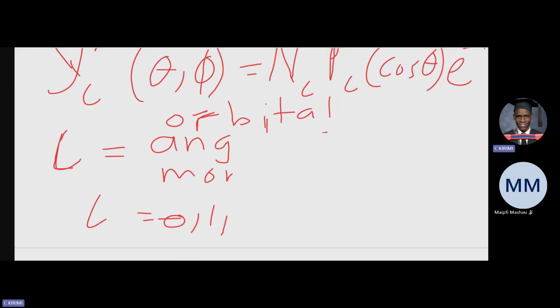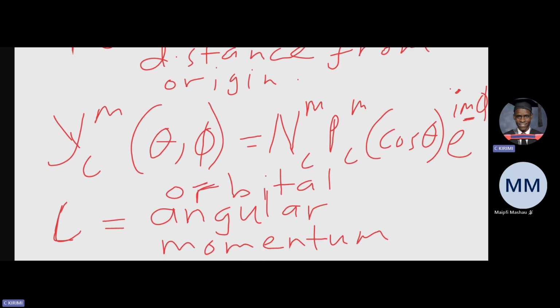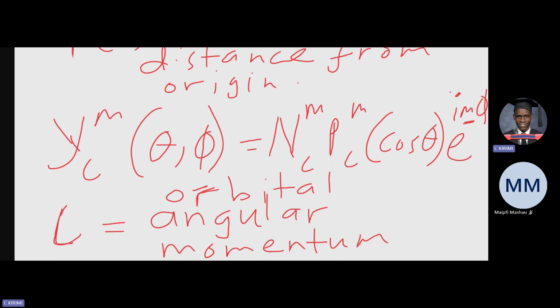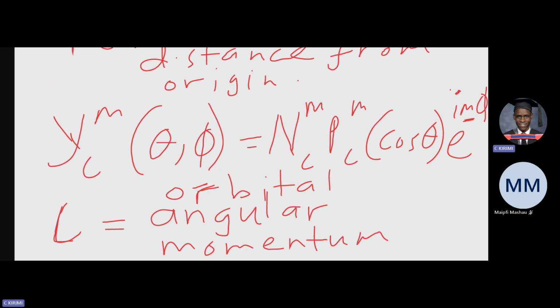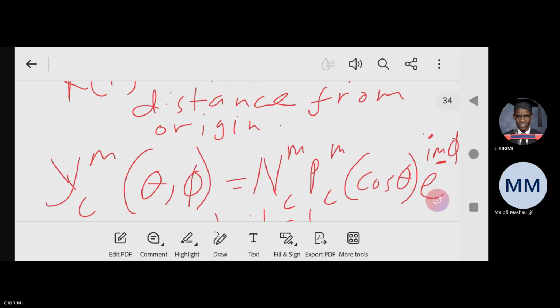If you are already given the wave function and you're supposed to write it in spherical harmonics like this, you identify your M. Check the complex number, which is i, because it's e raised to the complex number i.